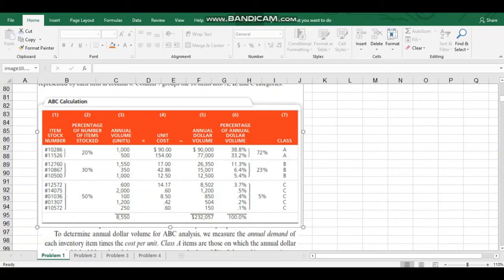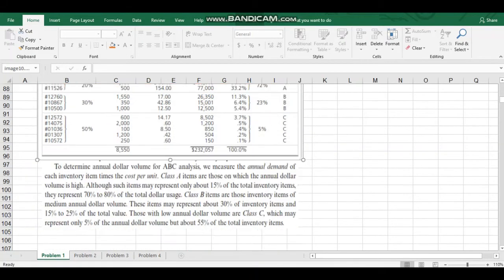And then we just classify them. The higher the annual dollar volume, they will be considered as class A, and the lower it is, they will be classified as class B and C.